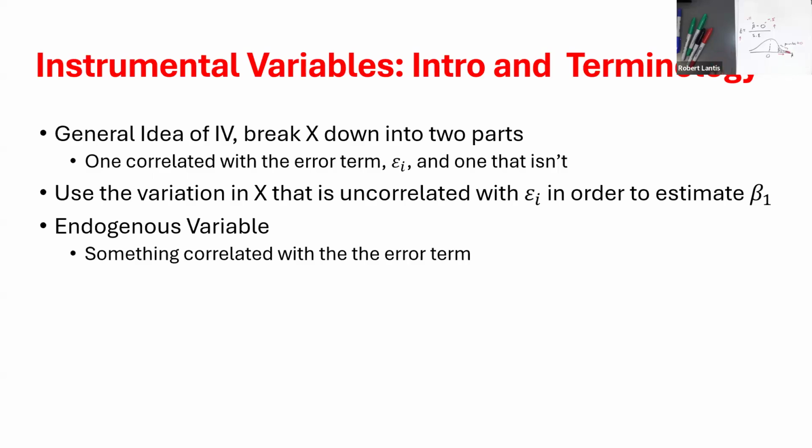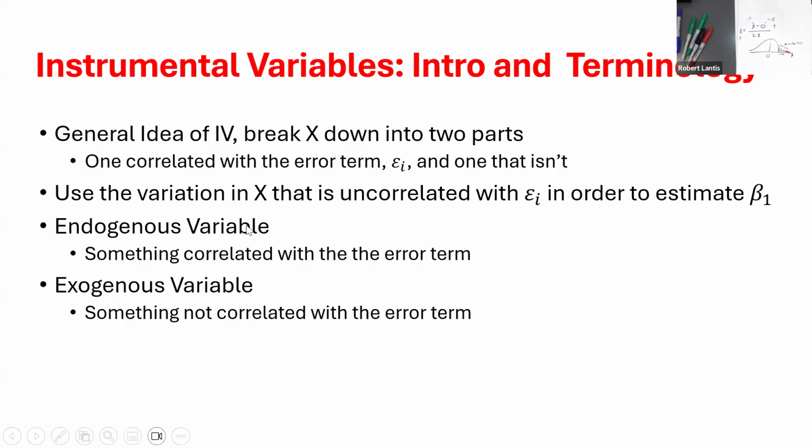So that might be a good instrument, right? It's going to be endogenous to my model. It's correlated with that error term. It's going to explain some of the variation that I see, because if I don't account for it, it's going to be impacting the traffic fatalities I see. That's the idea that it's endogenous.